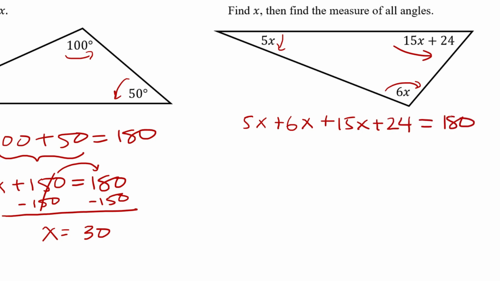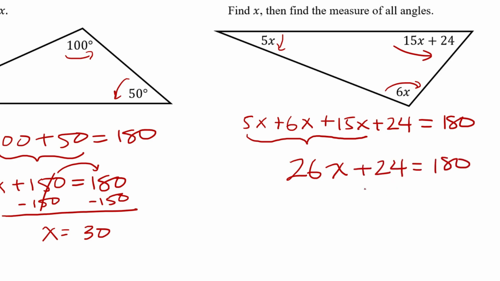Okay, now we do the algebra, and if I combine like terms, 5x plus 6x right there will be 11x, and 11x plus 15x will give us 26x. And then we're going to bring down the 24 and bring down the 180. Now we're going to subtract 24 from both sides.